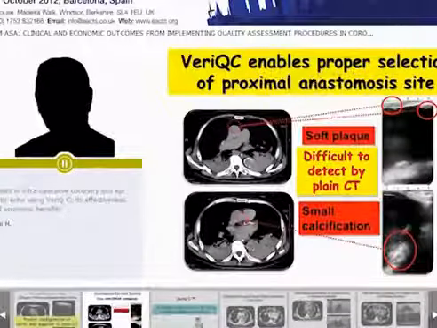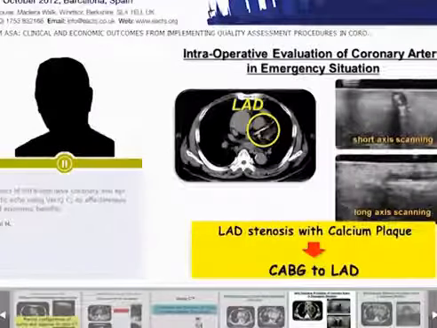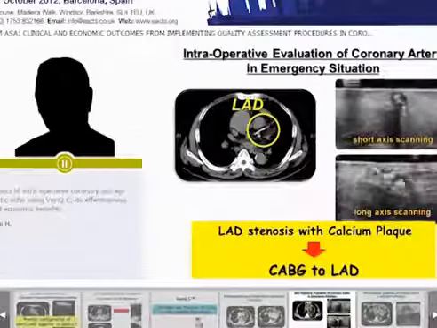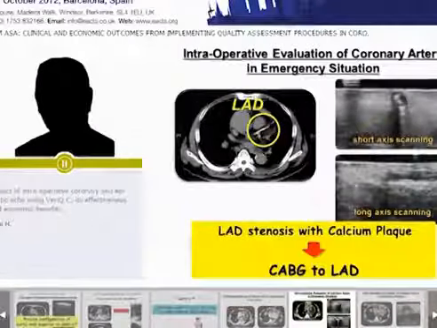But because this case is an emergency, we didn't perform a coronary angiogram. So during the operation, I scanned it. Then I found a stenotic lesion in the LAD with calcium plaque. So I put a CABG to the LAD.